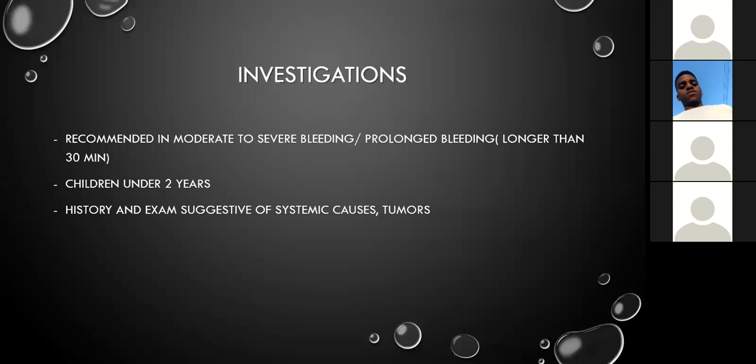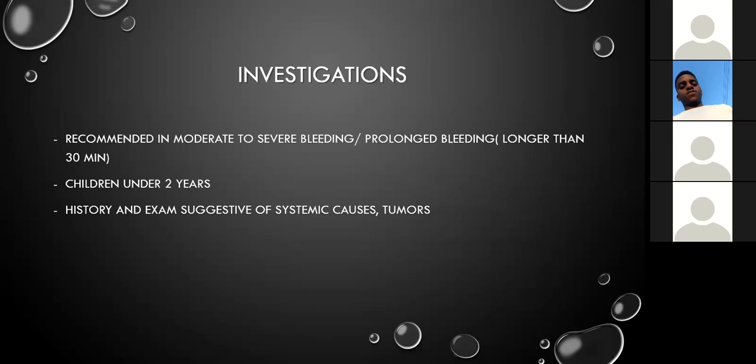So in the cases where you're having prolonged bleeding, which is happening for longer than 30 minutes, or for cases where you're having someone bleeding from one side all the time, then you're more concerned. It could be a tumor in the nasal cavity that is causing them to bleed. So you basically need to investigate these to rule that out.